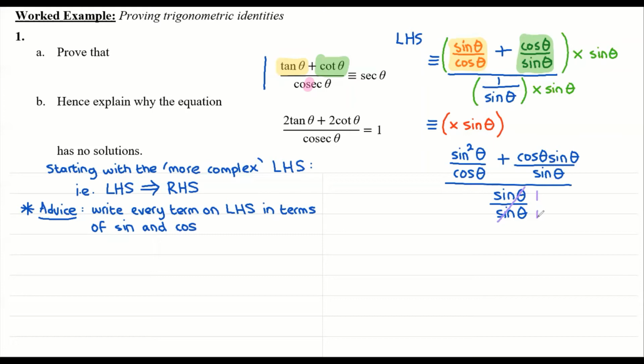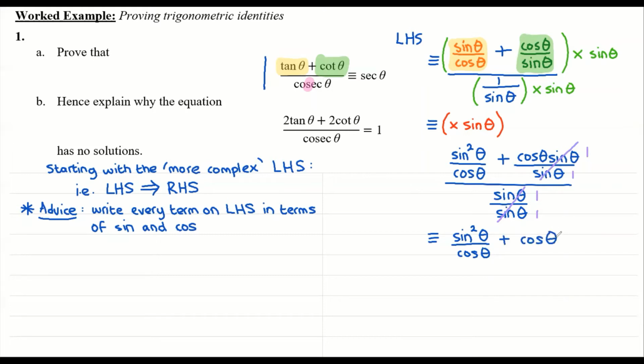Okay, and then we have sine theta's cancelling here. Okay, so we can now rewrite this step a little bit better. So we've now got sine squared theta over cos theta plus cos theta.